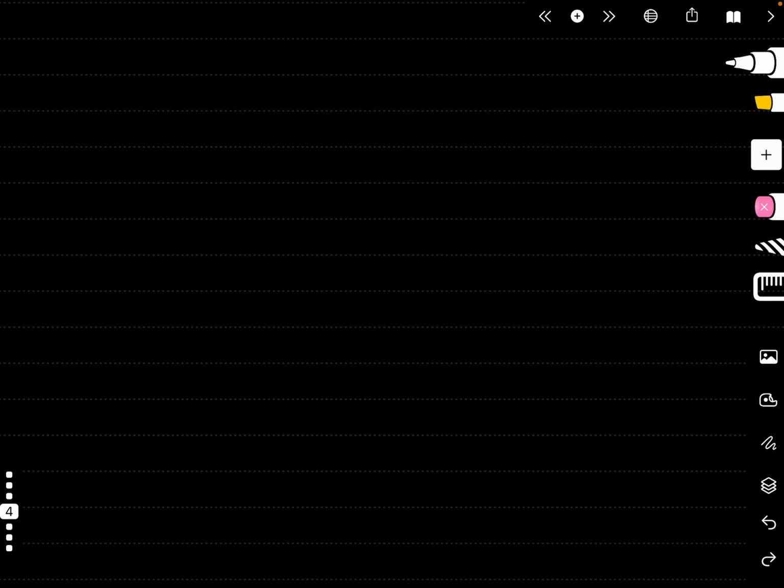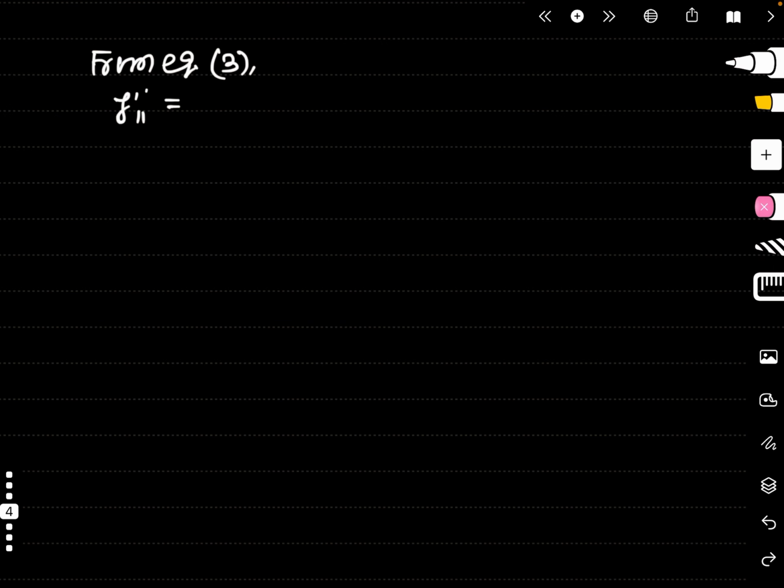So from equation 3, if you want to write g prime 1 1, it means see the equation.